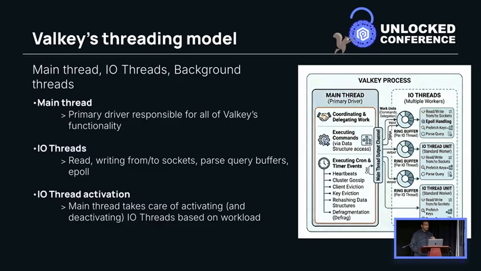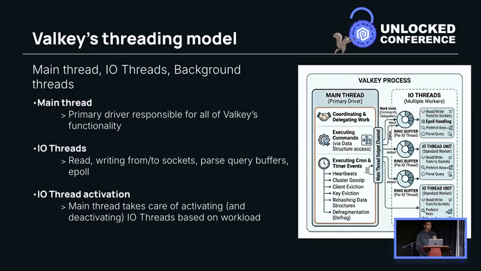To understand the responsibility of each of these, the main thread is the core of Valkey. It is the one that keeps Valkey functional. The main thread is primarily responsible for accessing the data structures and processing the commands. So this could be sets, gets, or any other commands that you execute on Valkey.